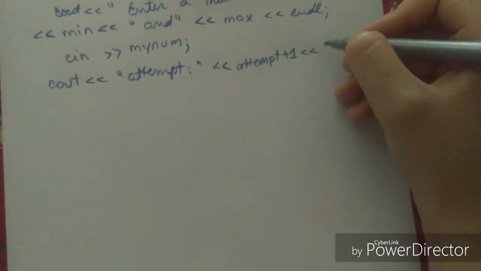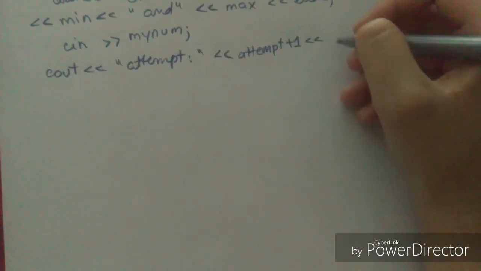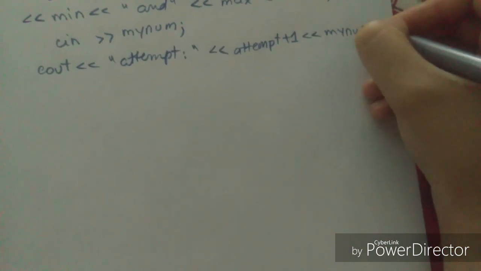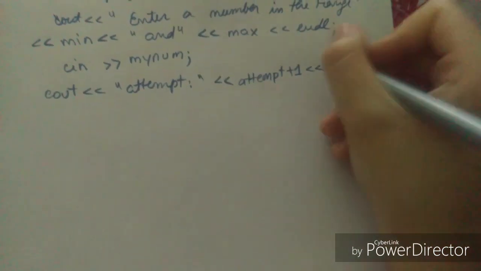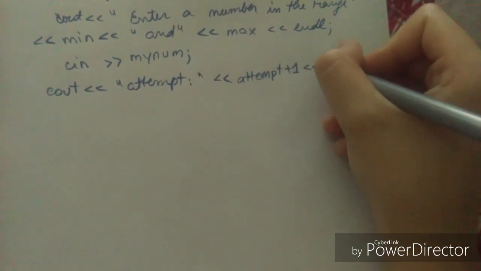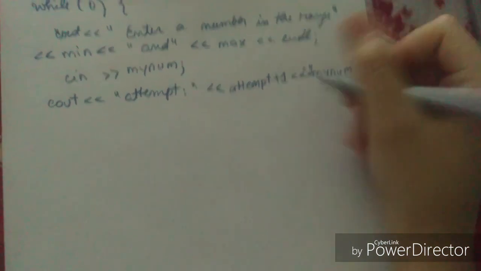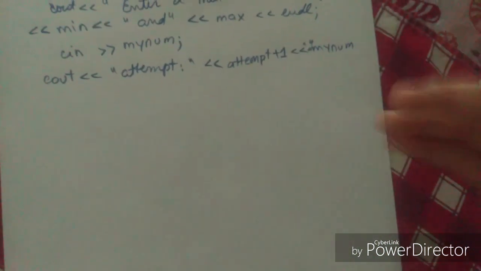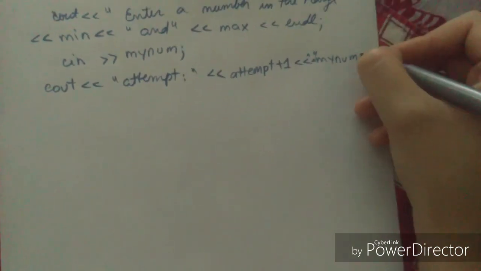So that is going to be whatever you named it here, mynum. And you can also include a little space here so that it's not attached together. It doesn't look really nice, and it wouldn't be clear once you do a lot of them. So you just put a mynum and then you're done.